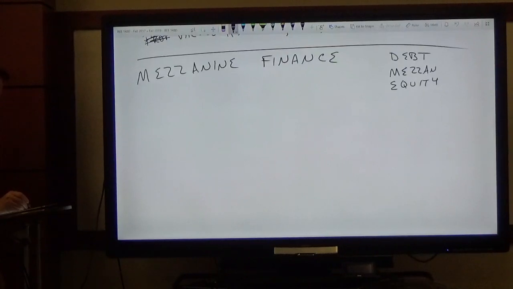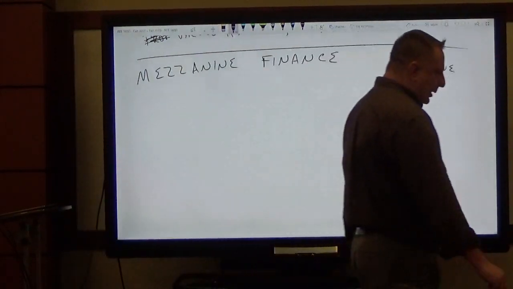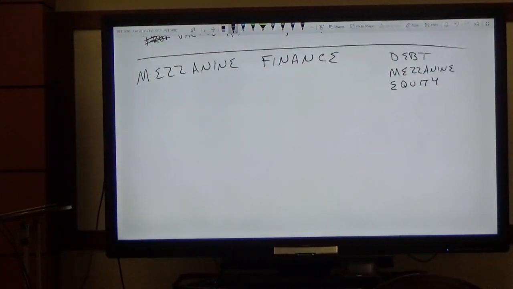called mezzanine financing. Now the word mezzanine, just in case you've never heard this before, any of you that have ever been to a hotel, you typically have the lobby, and then the next floor up is usually referred to as the mezzanine before the rooms begin from that point forward. And so this mezzanine is meant to be a middle ground.